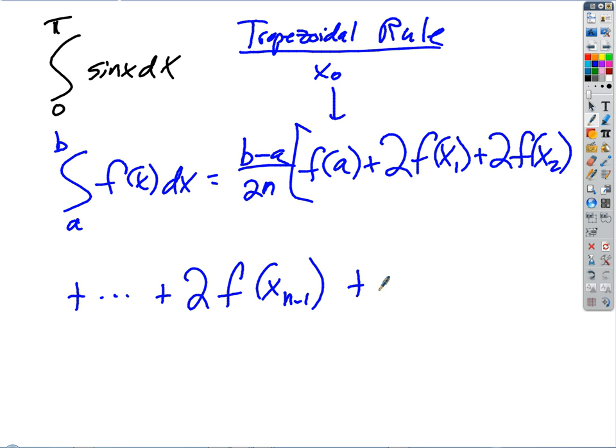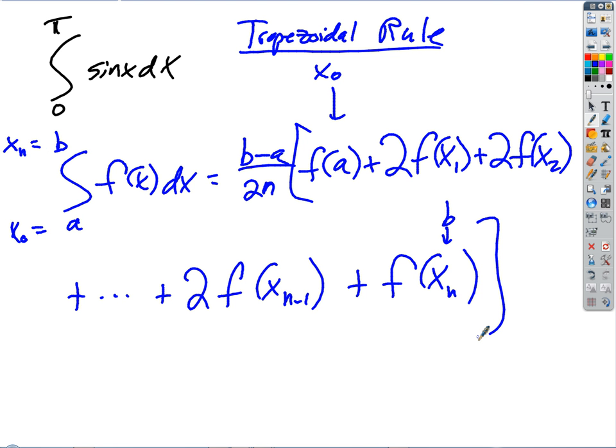And then the very last one, I only single count: f of x sub n, which I could also call b if I want. That's just my first x value, and that's my last one.